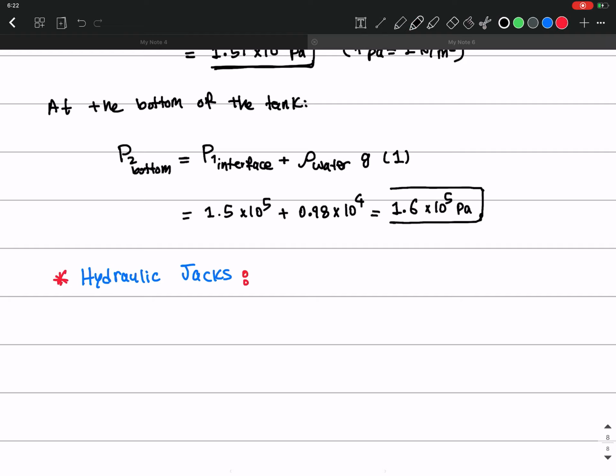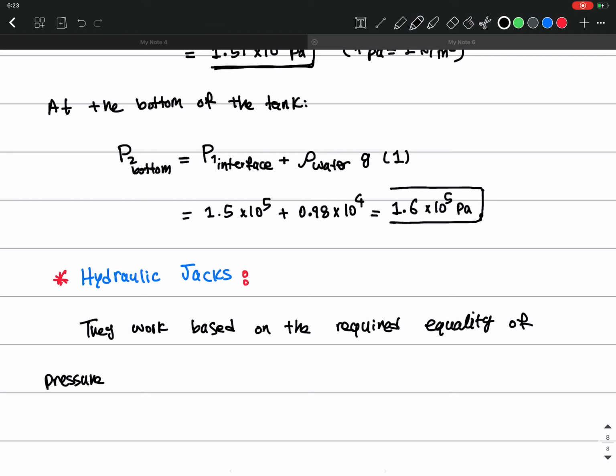These jacks also work based on the required equality of pressure principle.